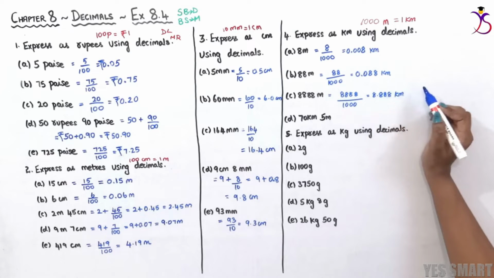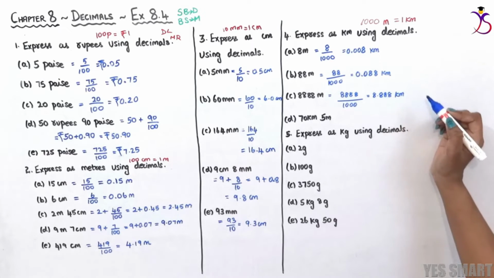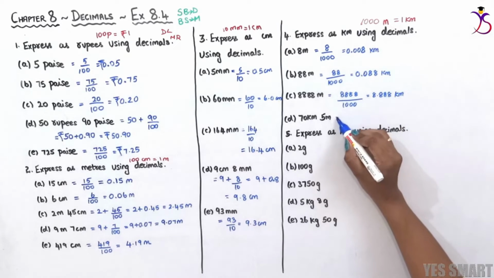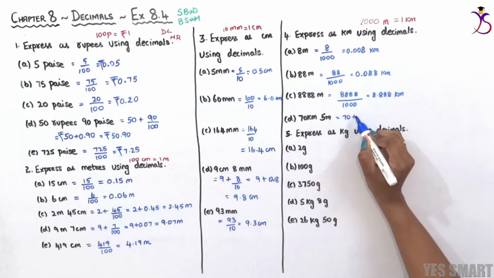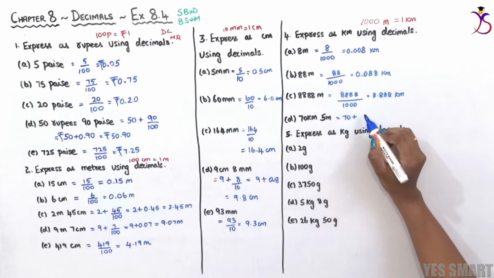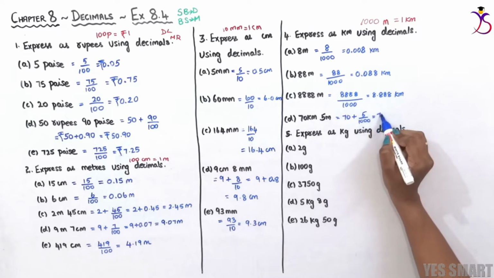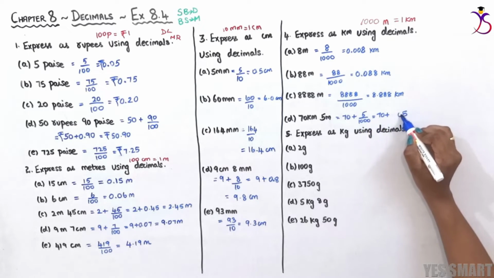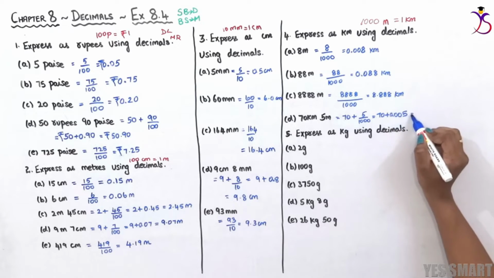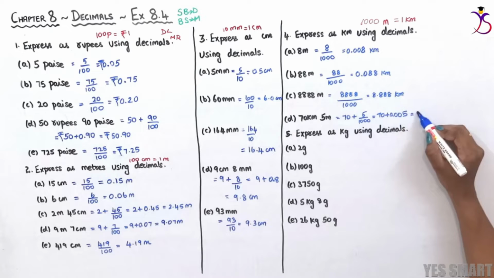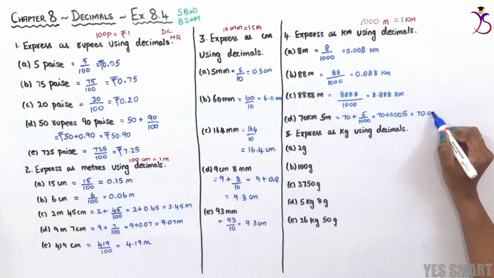So it becomes 8.888 kilometer. D sum, 70 kilometer, 5 meter. Let's keep the 70 as it is. So 70 plus 5 by 1000. So 1, 2, 3, and now I'm placing the dot here and 0. So 70 plus 0.005 is 70.005 kilometer.